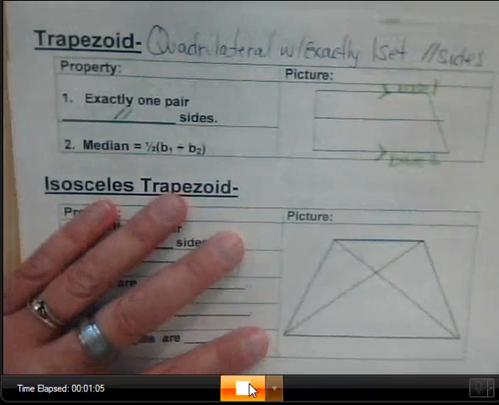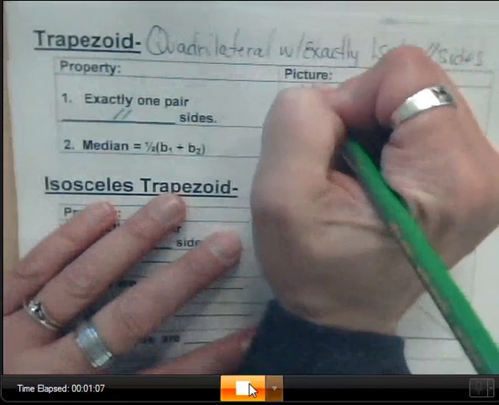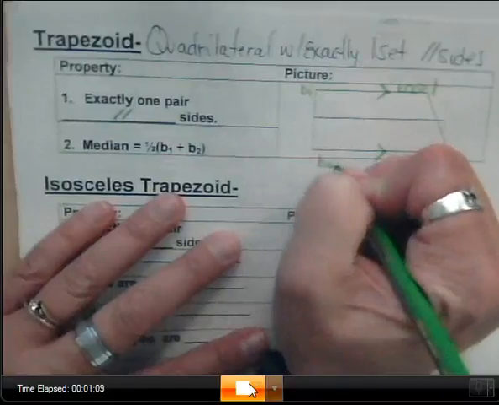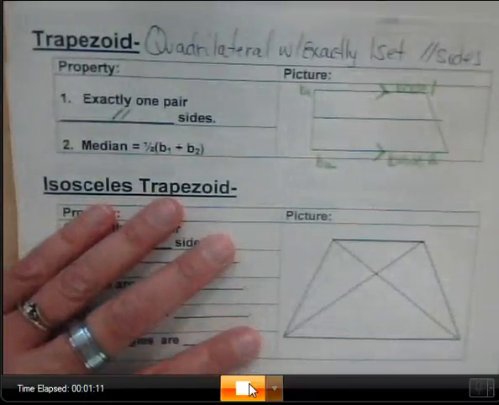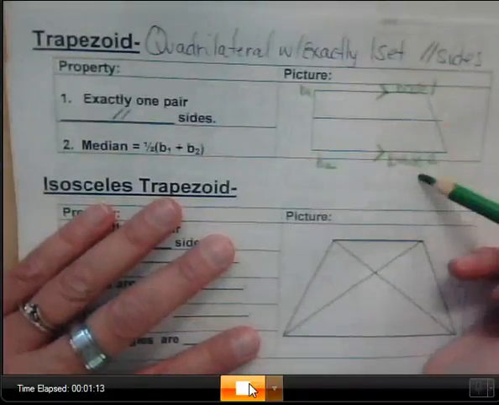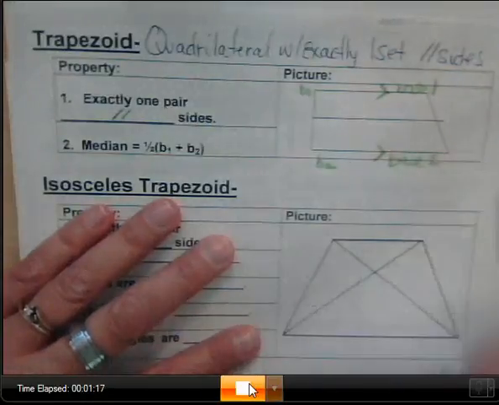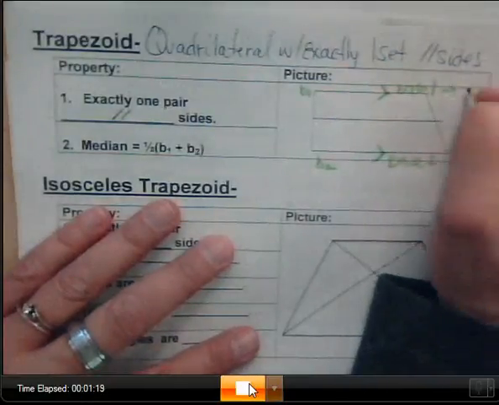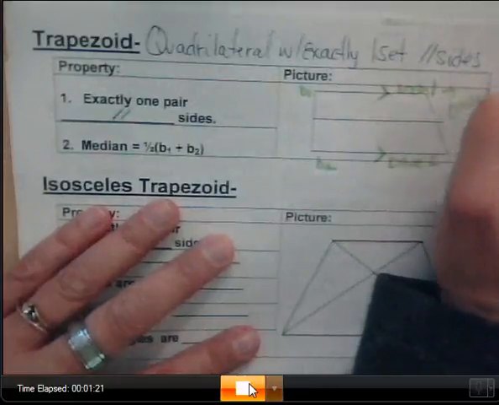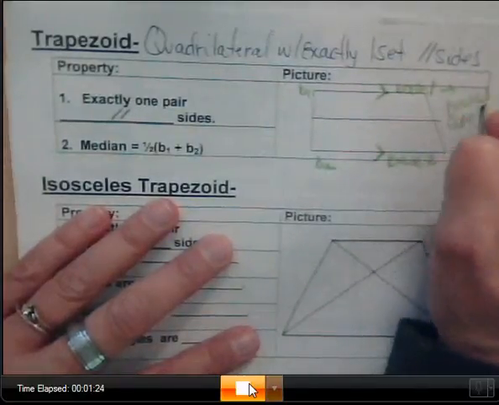Sometimes you'll see it written as B sub 1, B sub 2. It doesn't matter. The bases are the parallel sides.